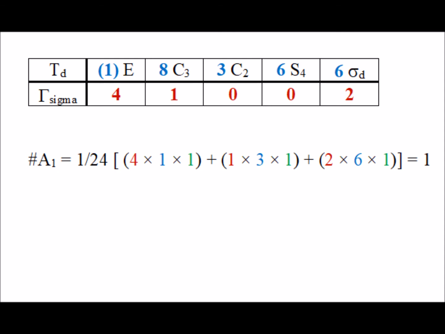As a double check, when you get the number of A1s, the number has to be either 0 or a positive integer. If you ever get a fraction or a negative number, you have made a mistake. The only possibilities are non-negative integers. So we see by this process that there is one A1 in the reducible representation.